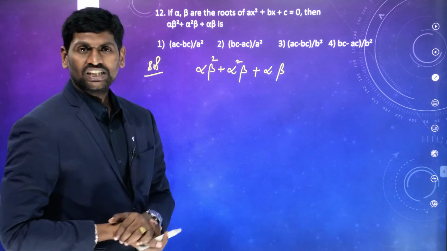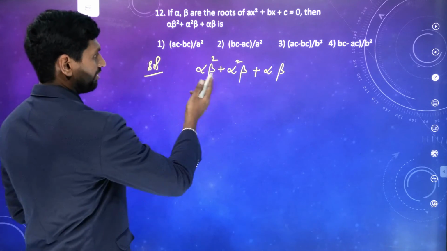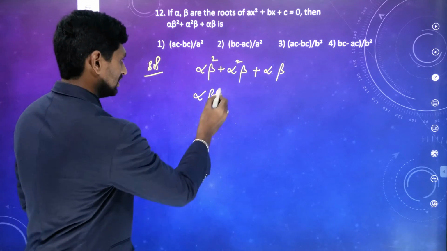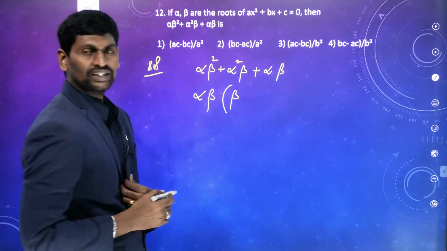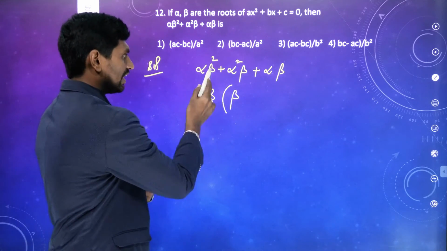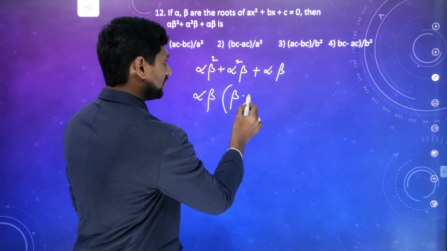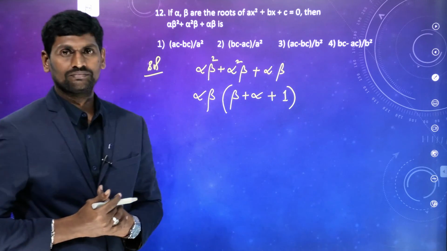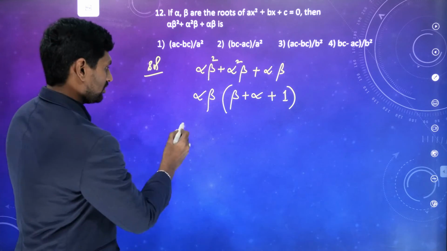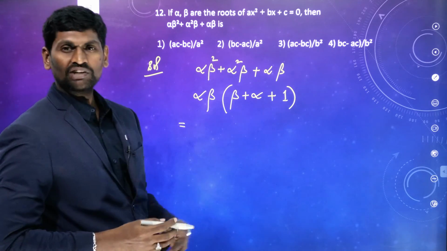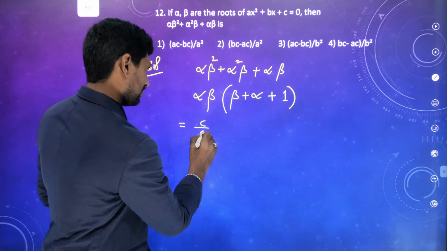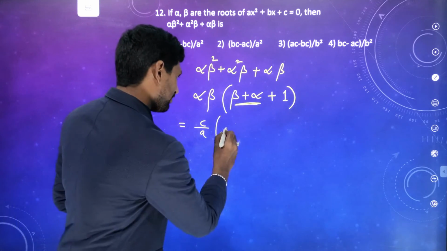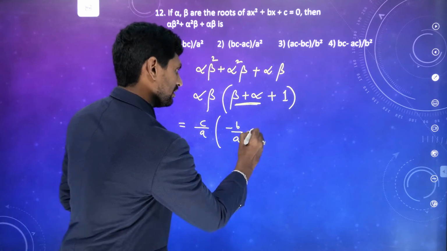Alpha beta is the common term; every time we can see alpha beta. Let us take the common term alpha beta. In the first term I have beta extra: alpha beta into beta, alpha beta square. Second term, 1 alpha. Here there is nothing extra, that means 1. That equals alpha beta, from the general form is c by a, in the place of beta plus alpha, alpha plus beta both are same, minus b by a, plus 1.